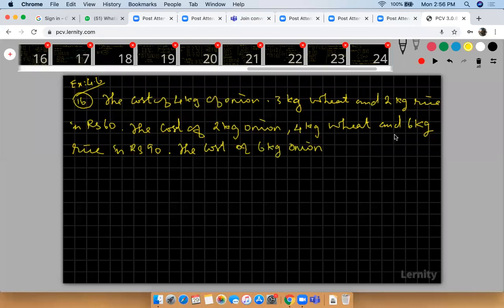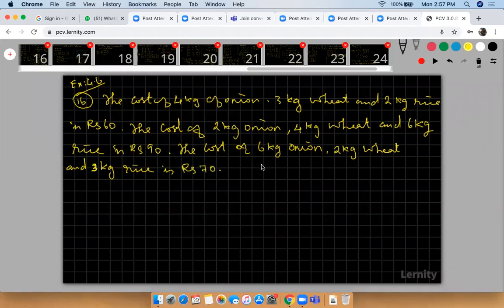The cost of 6 kg of onion, 2 kg of wheat, and 3 kg of rice is rupees 70.